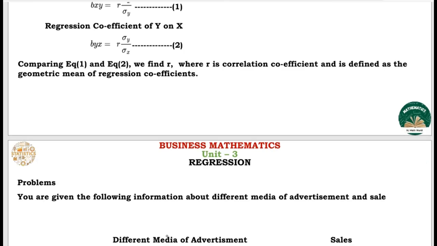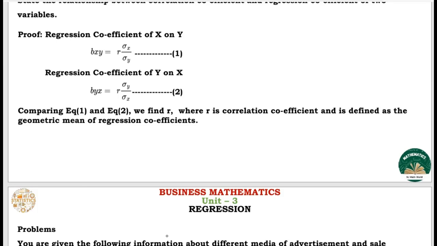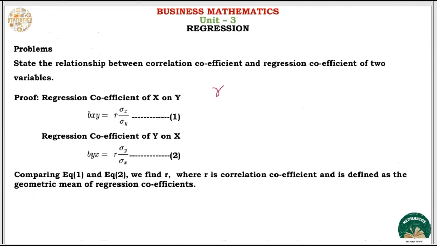From equations 1 and 2 we can find the value of r, where r is the correlation coefficient and is defined as the geometric mean of the regression coefficients.